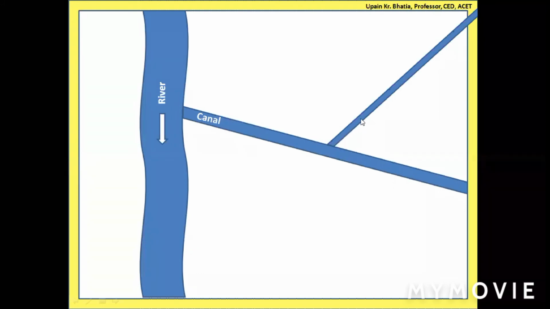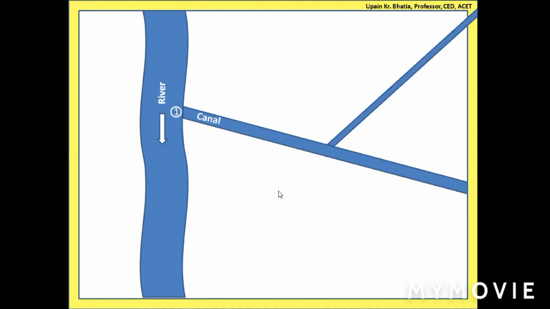Now moving to the downstream side, if we need further diversion and take out some other canal, then of course this canal will be acting as the parent canal, and the next canal to which the water is diverted will be termed the off-taking canal. Okay, now coming to the devices.